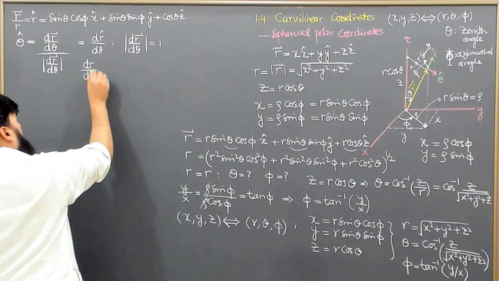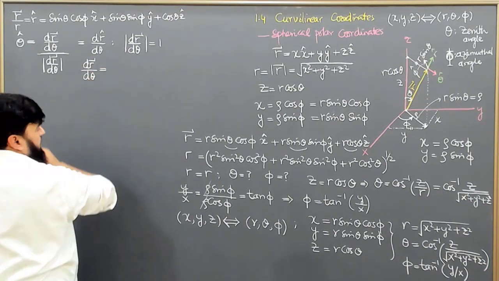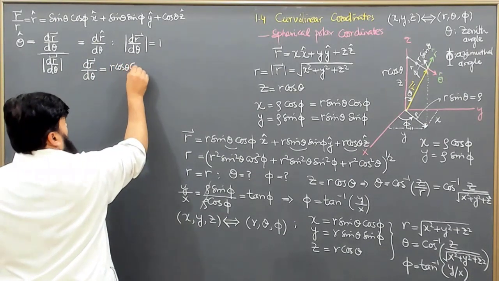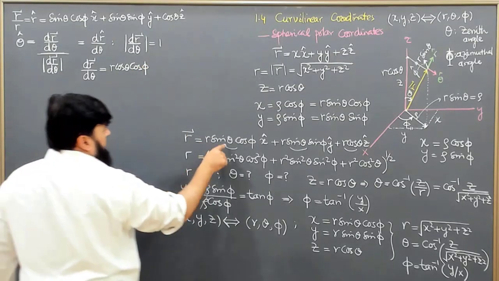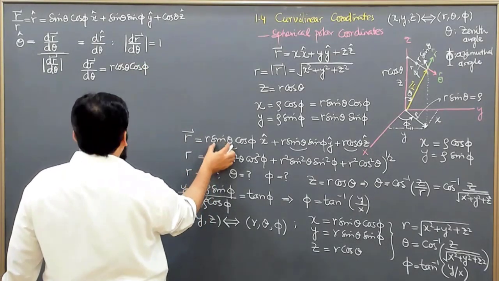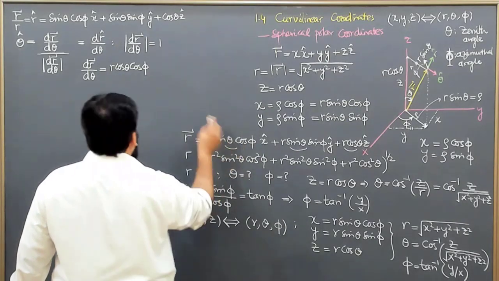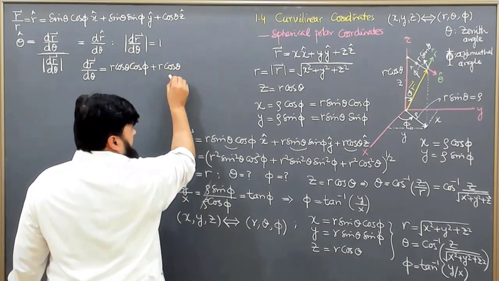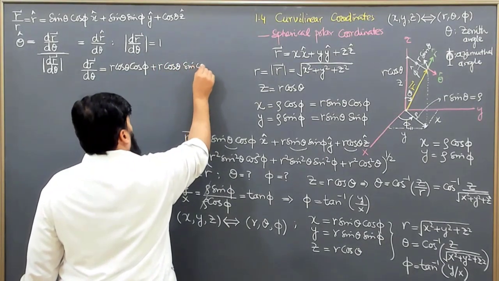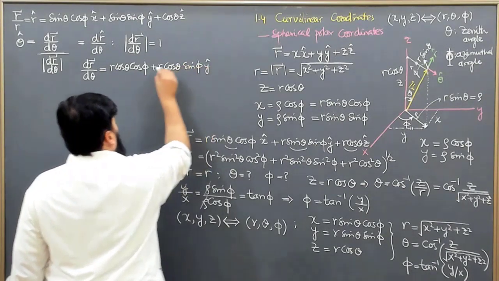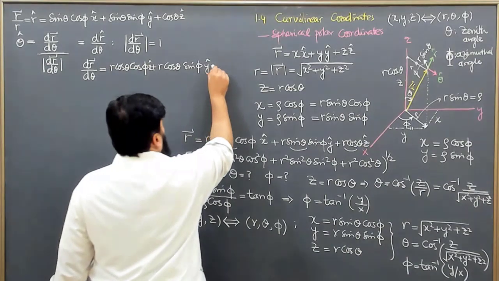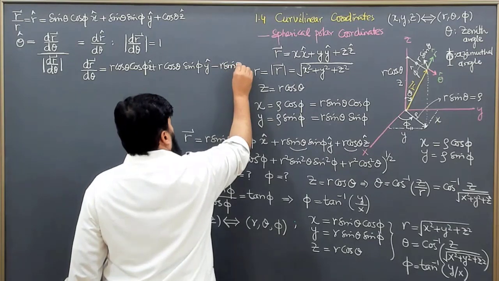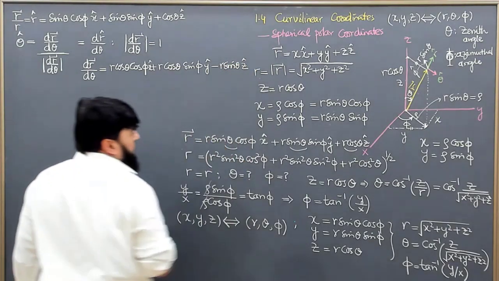So I can write that dr over d theta, this is our vector. It will come out to be r cos theta cos phi in the x unit vector, plus r cos theta sine phi in the y unit vector, and then minus r sine theta in the z unit vector.